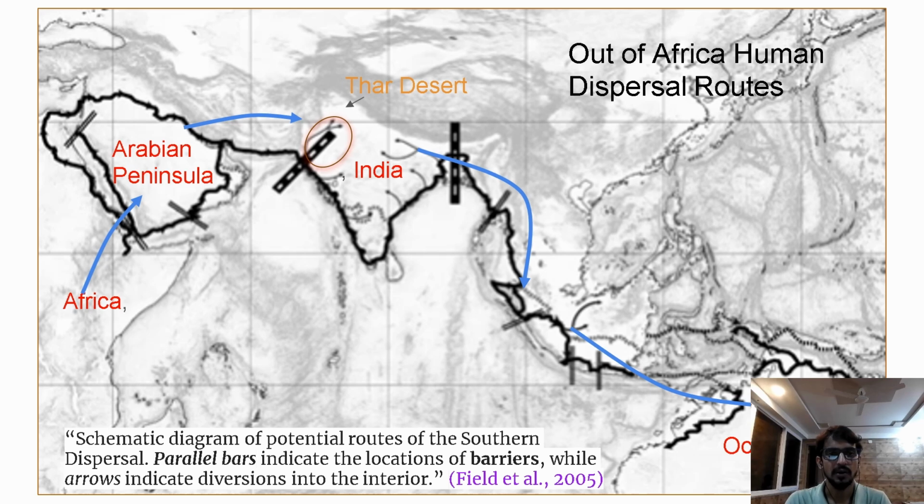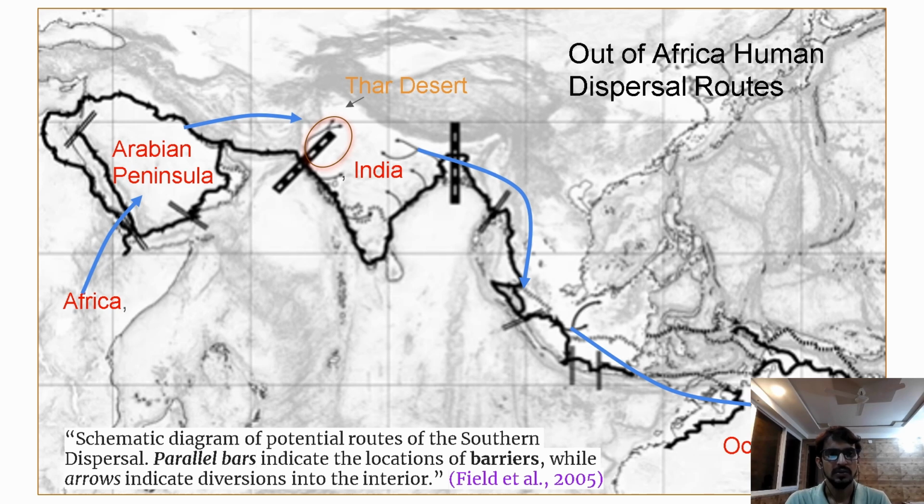Okay, in a broader context, we have to understand the importance of the Thar Desert from the perspective of Paleolithic archaeology. Here on the screen, you can see part of Africa, Arabia, India, and Southeast Asia. These arrows indicate the out-of-Africa human dispersal, when modern humans came out of Africa.